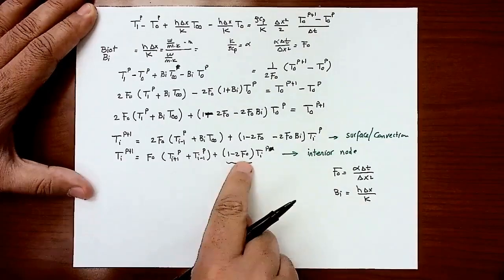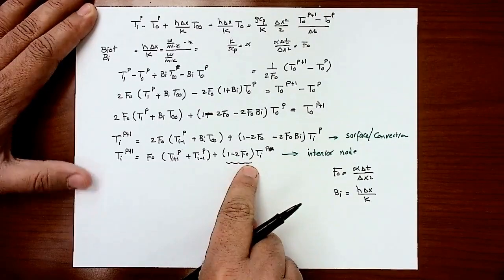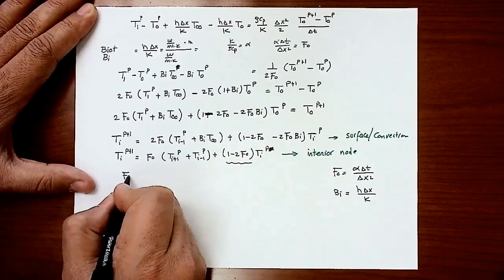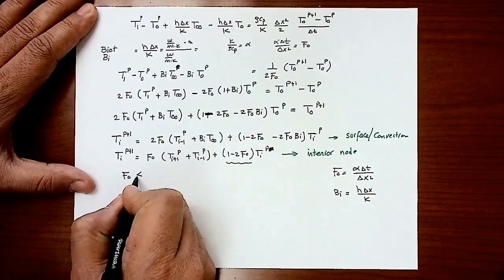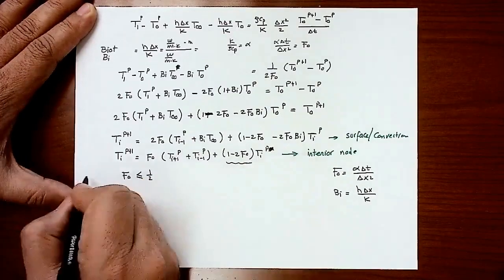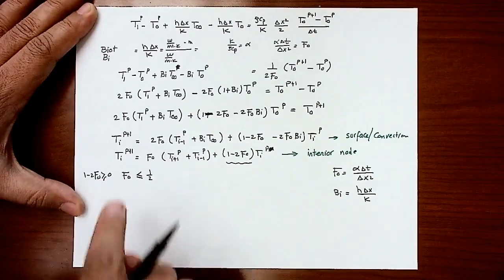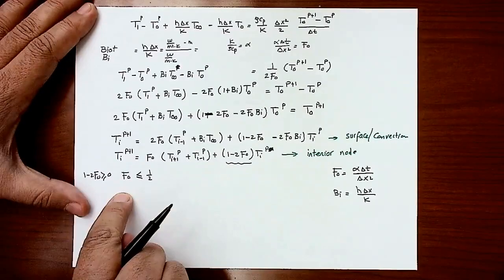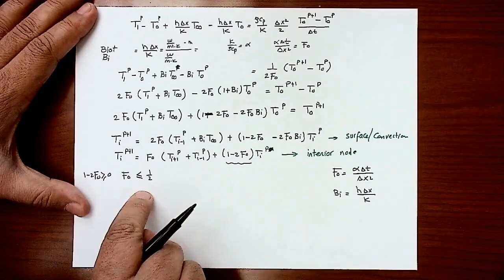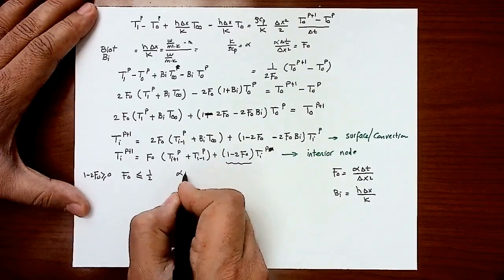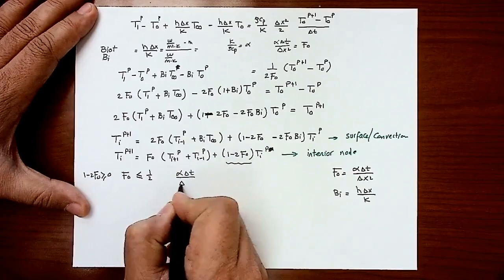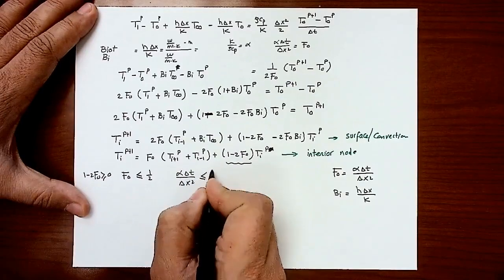So now from the second equation, the stability criteria said that Fourier's number has to be less than or equal to half, right? Because 1 minus 2 Fourier's number has to be greater than or equal to 0. Fourier number is alpha delta t over delta x squared, which should be less than or equal to half.